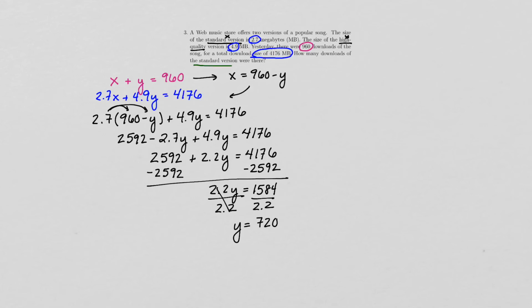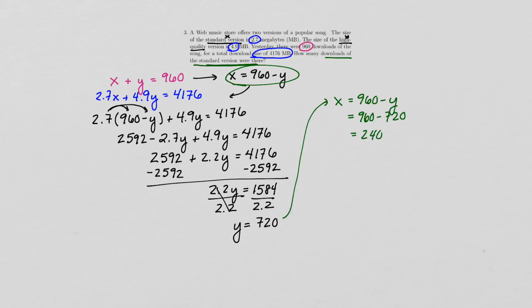They are asking how many downloads of the standard version there were. So the standard version is the X. Remember from here, X is equal to 960 minus Y. So it's going to be 960 minus 720, and 960 minus 720 is 240.